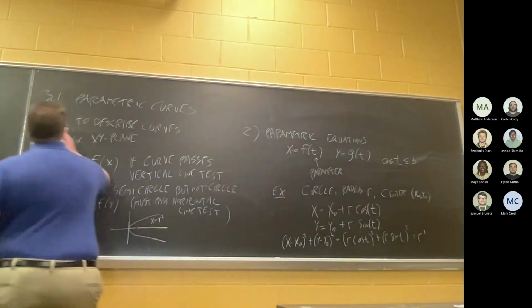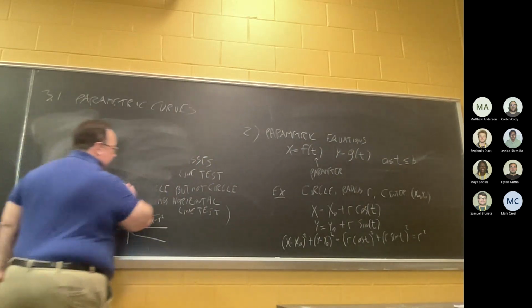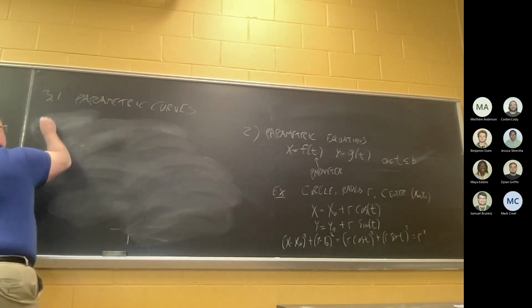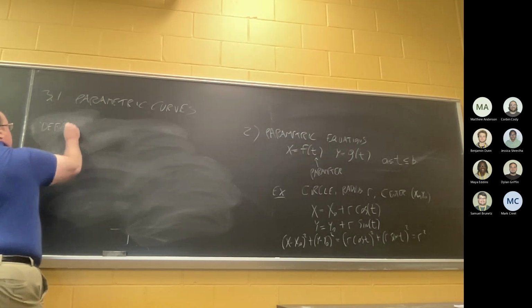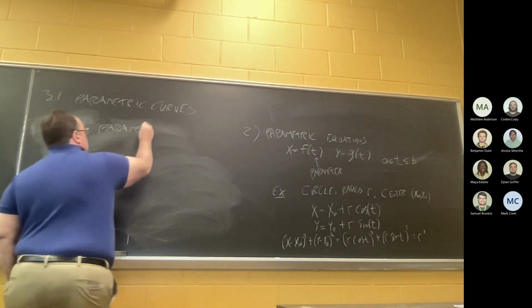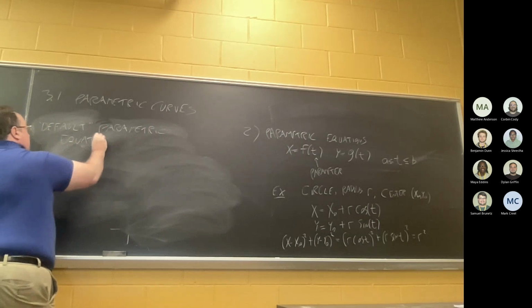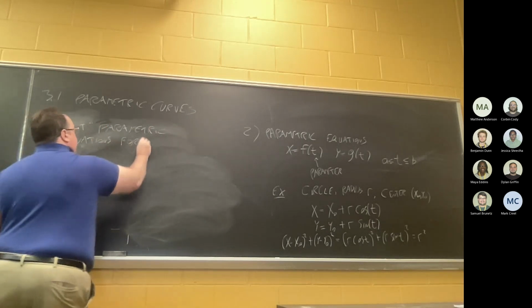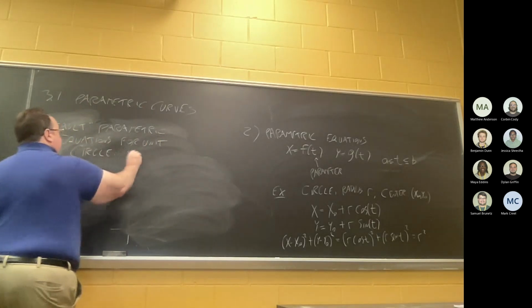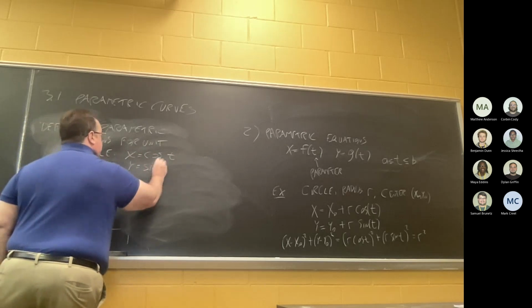If I specialize that to the unit circle, where the center is at the origin and the radius is 1, I can call these the default parametric equations for the unit circle. That says x is equal to cosine t, y is equal to sine t.